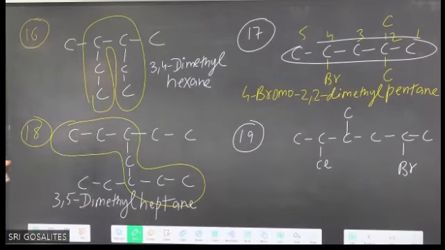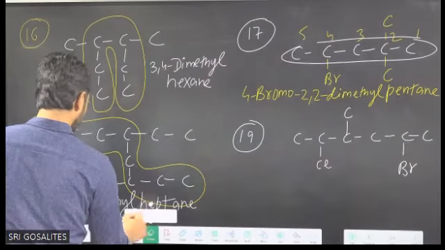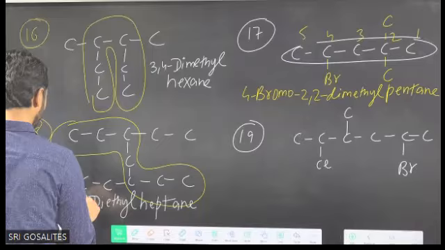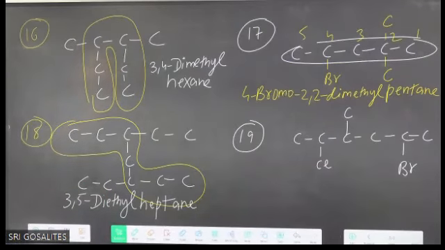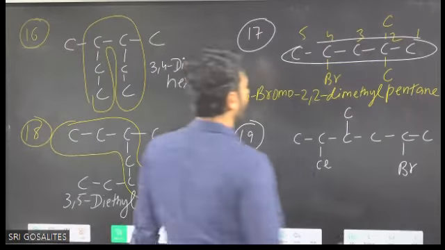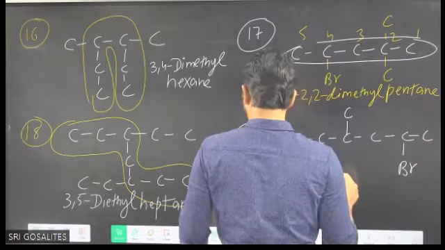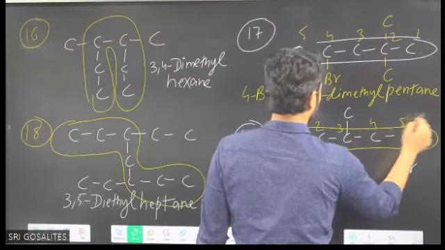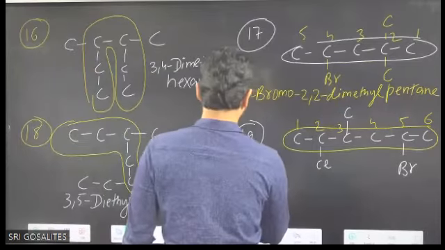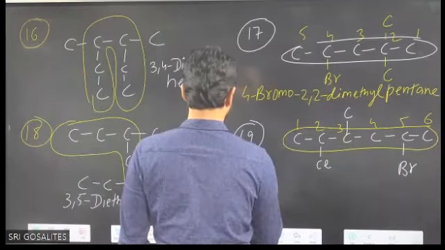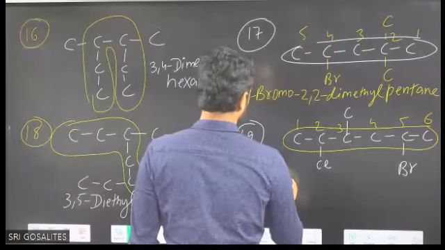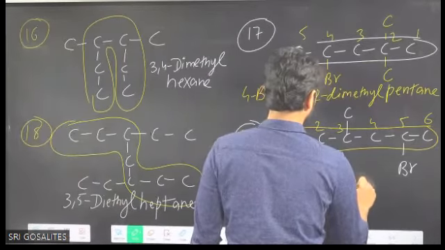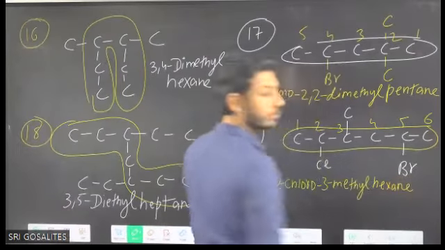3, 5 diethyl. 1, 2, 3, 3 together. Okay. Check the answer for 18th. Okay.